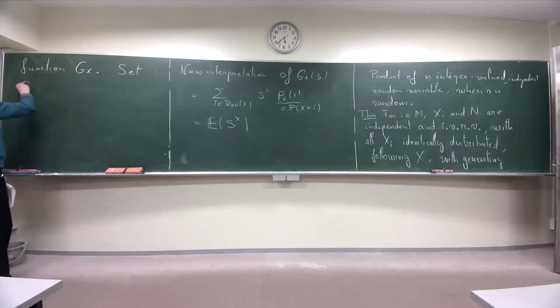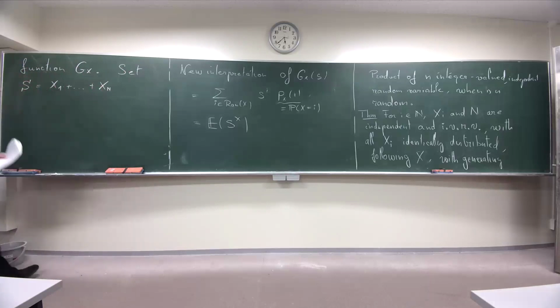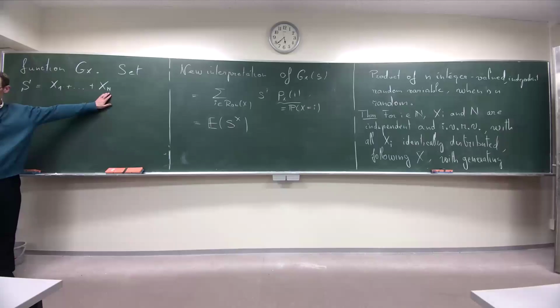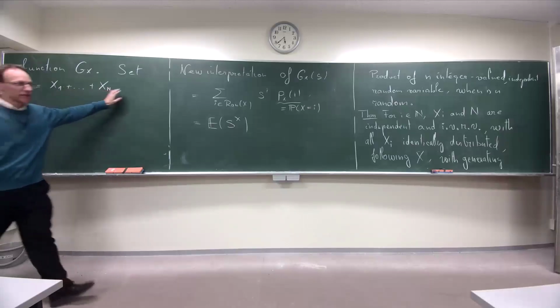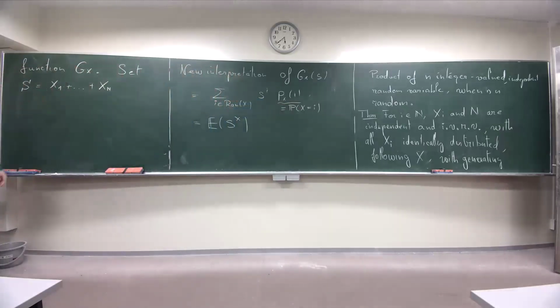I have a small problem with notation because I'm going to have too many s, so I use a capital S. I do a sum of N of them, but as I said, the number is not known. So this is why this index is an integer valued random variable. I do this sum with an unknown number of copies of X1 up to XN.